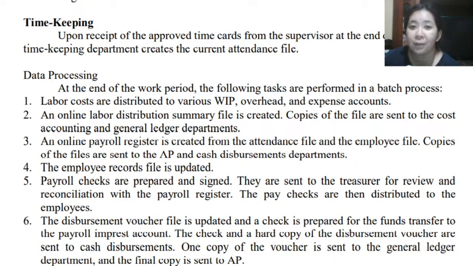Copies of the file will be sent to the cost accounting and the general ledger departments respectively. Third, an online payroll register is created from the attendance file and the employee file. Copies of the files will be sent to the accounts payable department and the cash disbursements department.